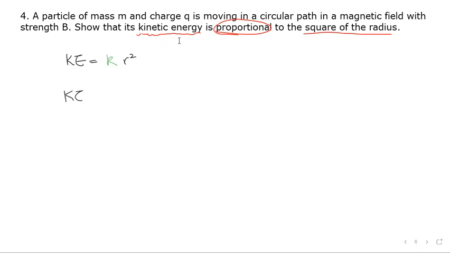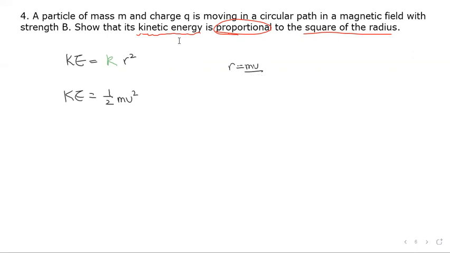Think of what the kinetic energy is. Kinetic energy from our previous work is half mv squared. With that in mind, we now need to show that it's K times r squared. Well, we need to know what r is. From previous work as well, r must equal mv over qB.